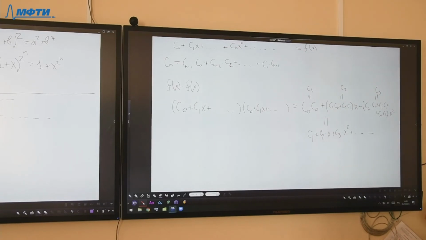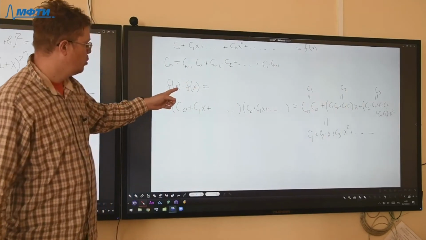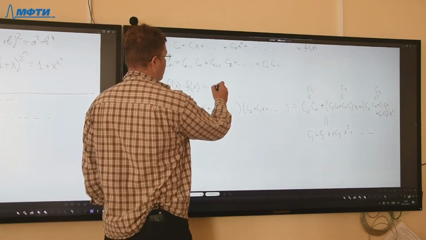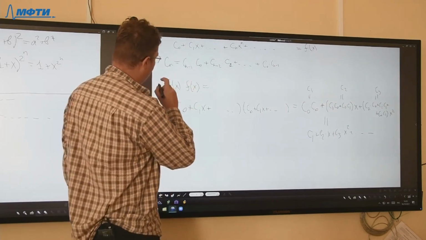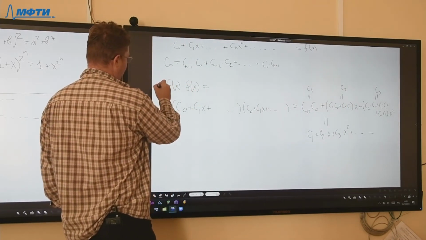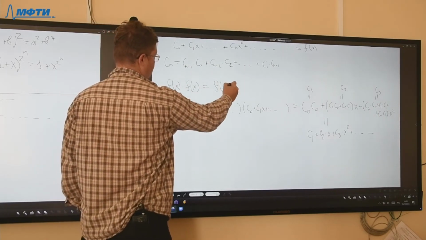So I can just write this equation. f(x) times f(x) will be equal to, if I multiply by x, then I will have f(x) minus 1.